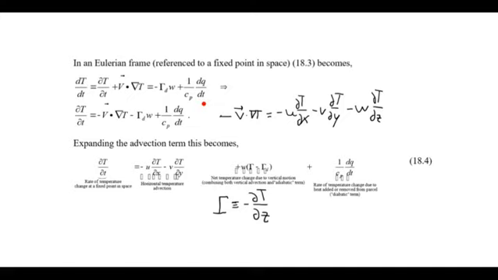Okay, so moving the v dot grad T onto the right hand side, that gives us the local change in temperature with time at some point within a column. Now we're in an Eulerian frame, so this is at a fixed point, is equal to the advection terms, the adiabatic term and the diabatic term.